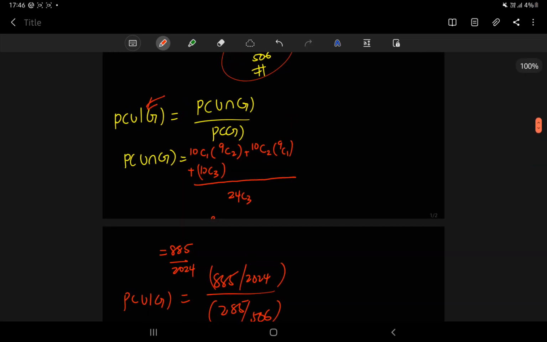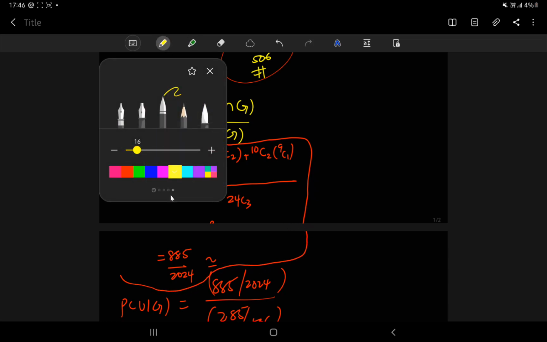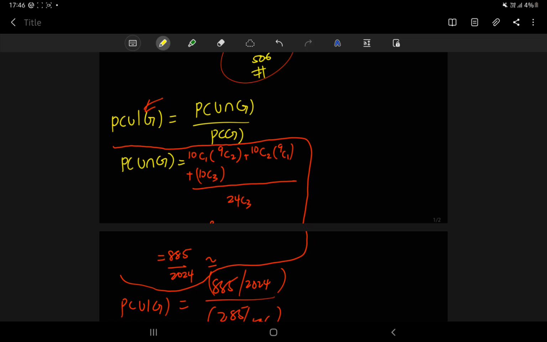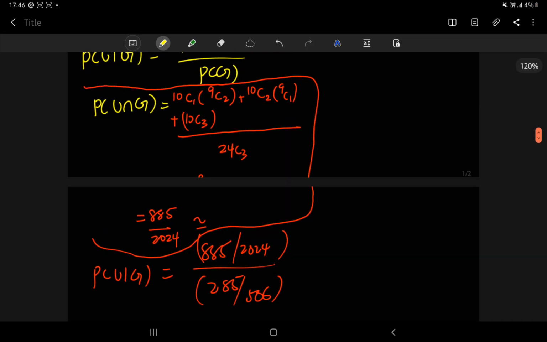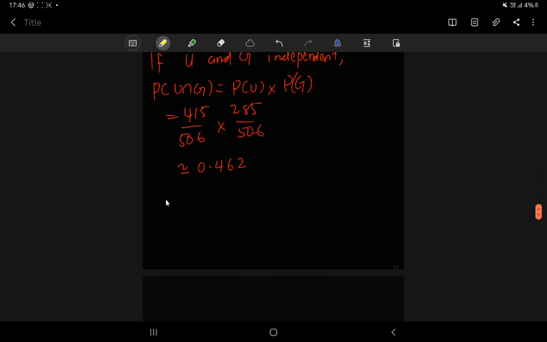Okay, and our previous one is this, right? This is also probability of u intersection g. But is it the same? If it is the same, then it is independent. Okay, and 885 over 2024 is about 0.437. So if you see, this is 0.437, this one is 0.462, so it's different.